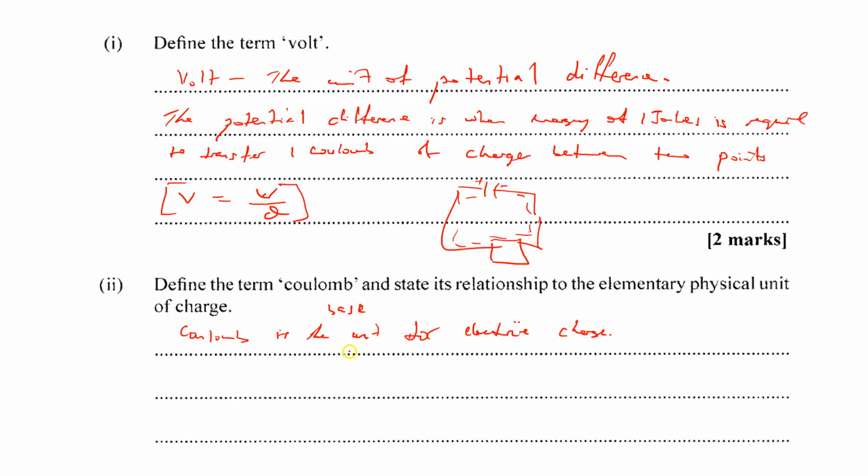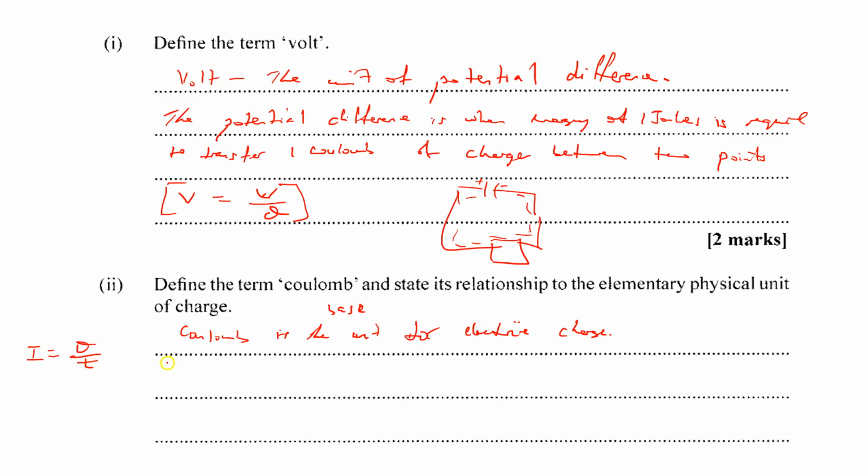All right. Now, to define coulomb, one of the things we can look back on is the fact that current is the rate of flow of charge.